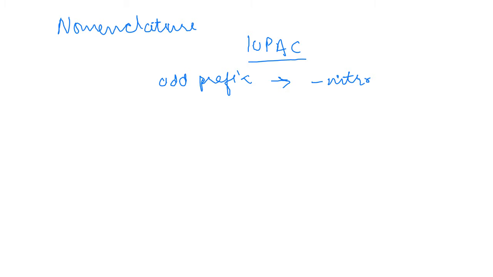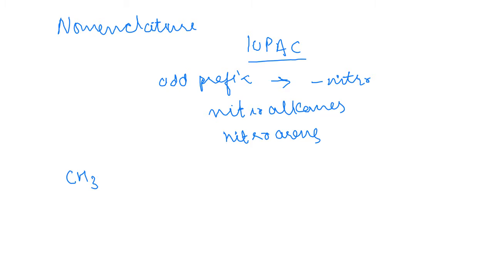If we have two type of compounds, nitroalkanes and nitroarenes, right? If methyl group is there, number of carbon atom is 1, then it is nitromethane.